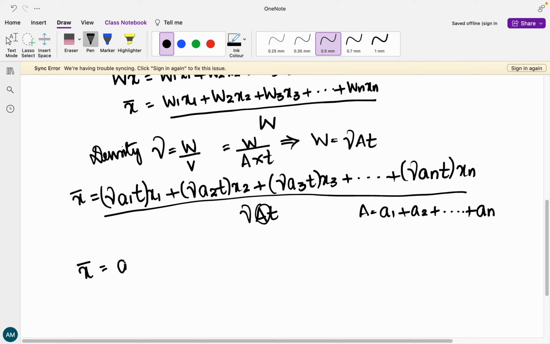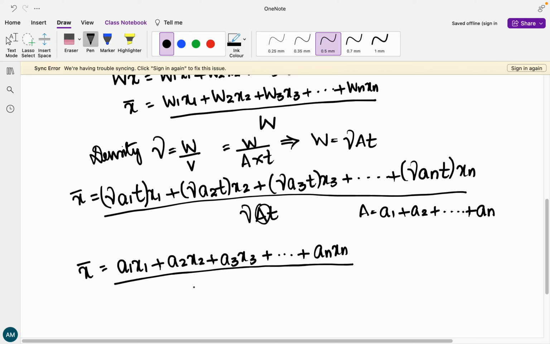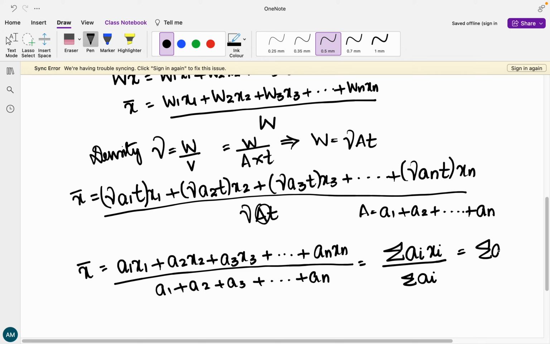So all I am going to be left with is A1 x1 plus A2 x2 plus A3 x3, so on till AN xn divided by, you can write it as capital A over here itself, or if you want I can also write it as A1 plus A2 plus A3, so on till AN, or this is summation of AIXI divided by summation of AI, or summation of AIXI divided by capital A.